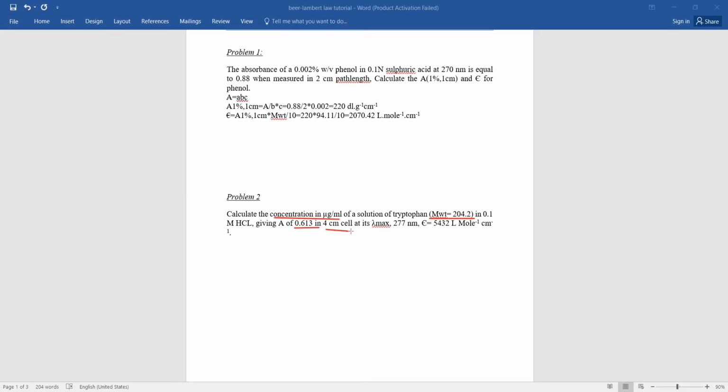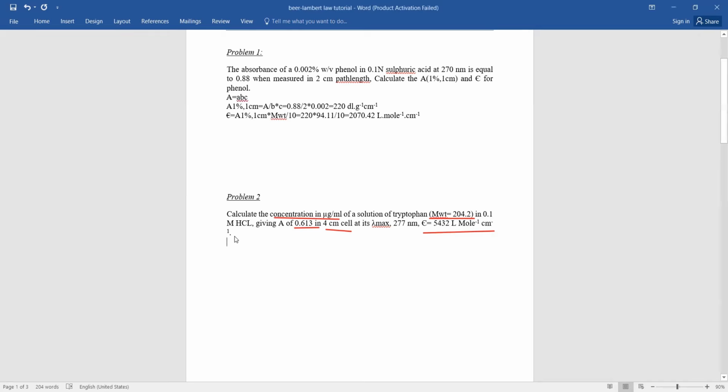Okay, so the cell or the cuvette is 4 centimeter at its lambda max 277 nanometer. The epsilon or the molar absorptivity is 5,432 liter mole^-1 centimeter^-1. Okay, so the given is that the molecular weight is 204.2. The absorbance is 0.613. The path length of the cell is 4 centimeters. And the molar absorptivity is 5,432.